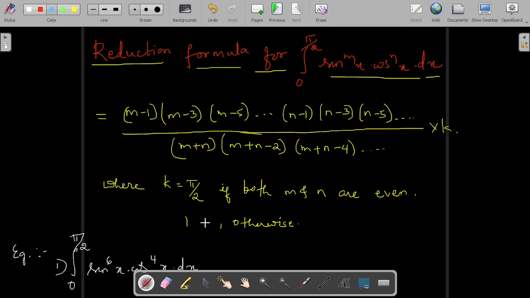If one of them is odd and another is even, in all such cases the value of k is 1, otherwise the value of k is pi by 2. That is, if both are even, then only k is pi by 2.